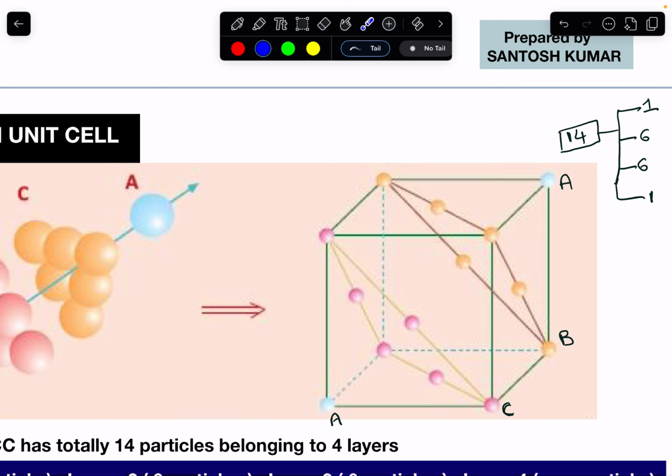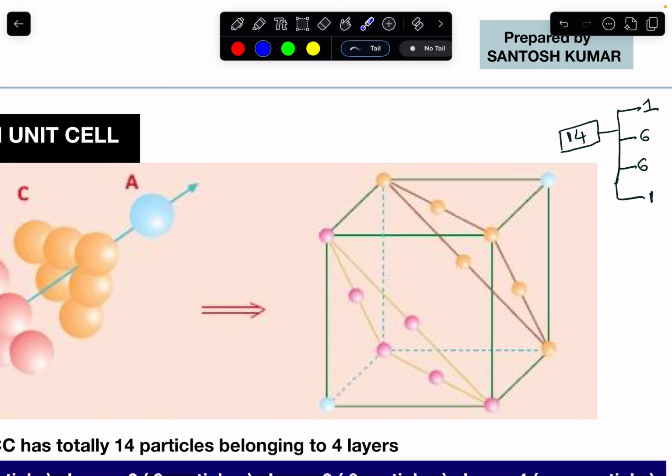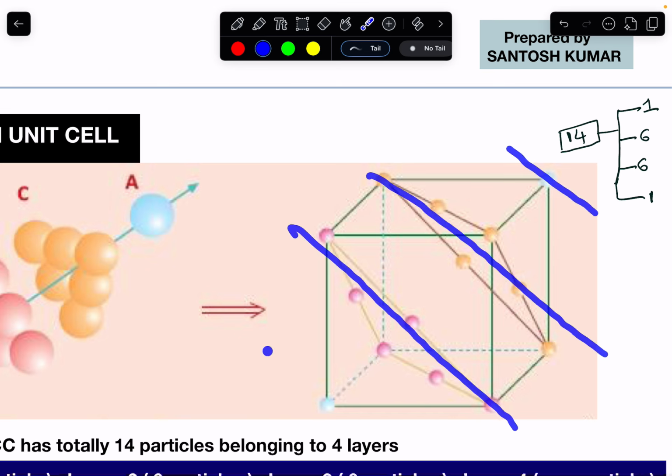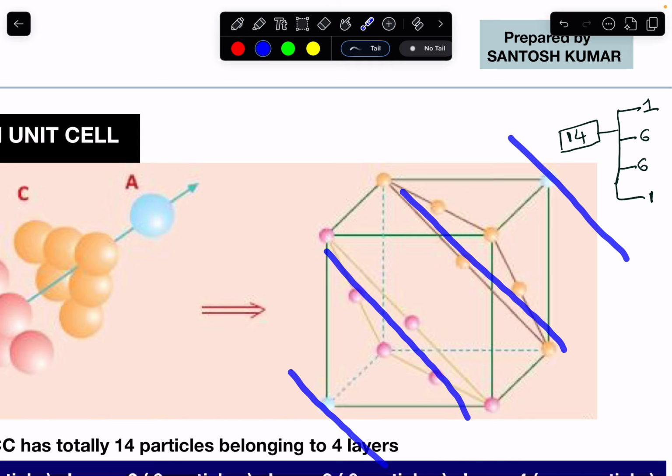And one important point you have to notice: when the unit cell is lying on one of its faces, the layers are diagonal. Layers are not horizontal, the layers are diagonal. You can see these are the layers. So first layer, second layer, third layer, and fourth layer.